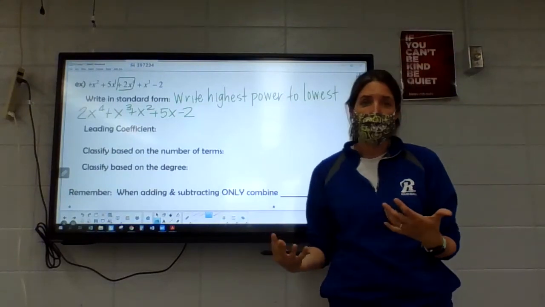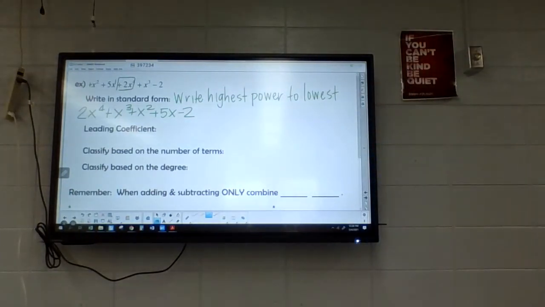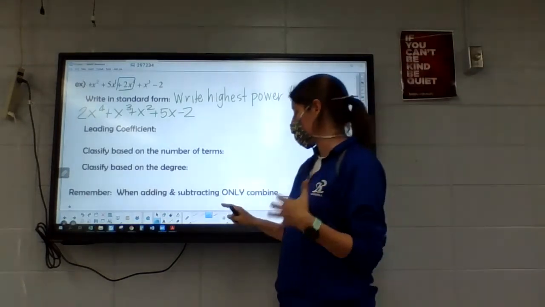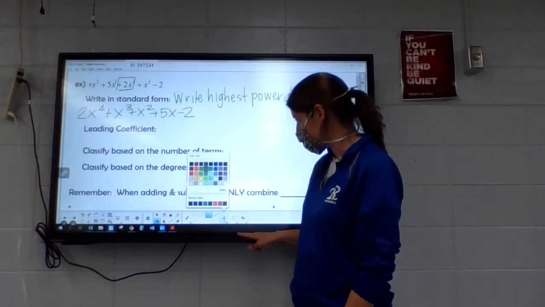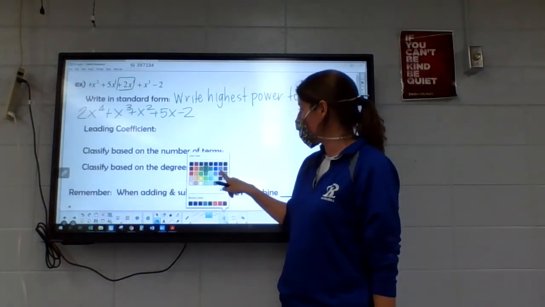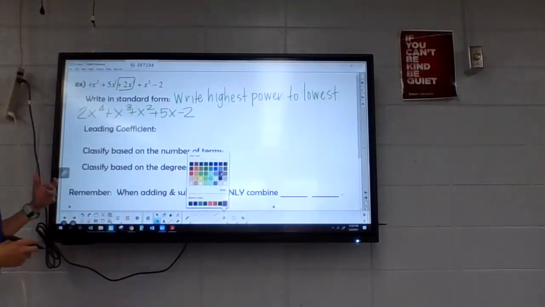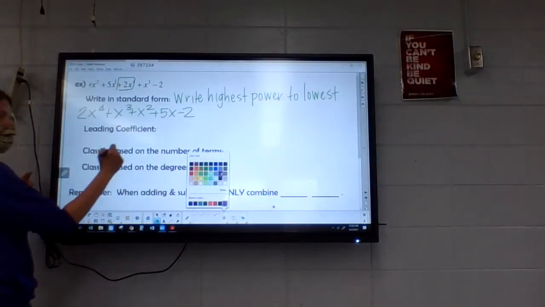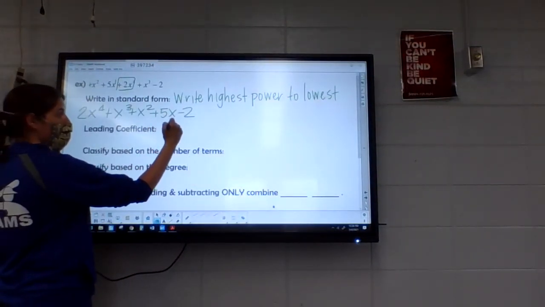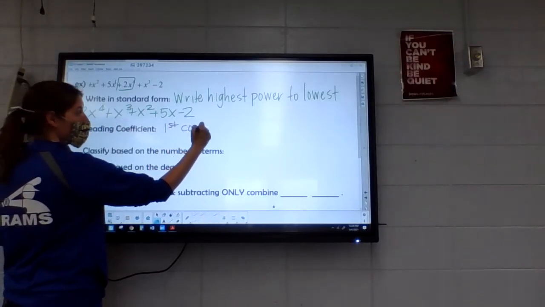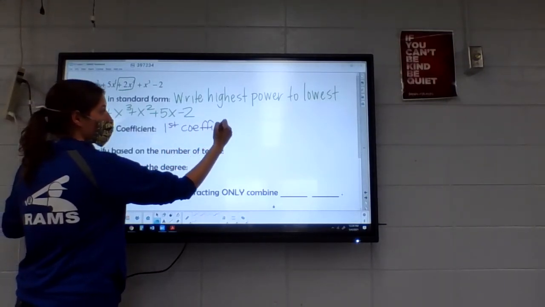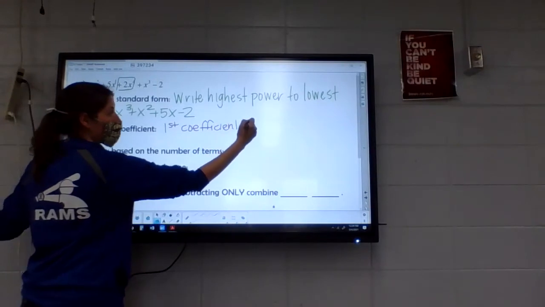Now the leading coefficient takes you back to kindergarten. So remember when you were the line leader in kindergarten, like that was a big deal. Like you were kind of the important one for the day. The line leader. So in this case, the line leader is the leading coefficient. So it's the first coefficient when they're in order. So first coefficient in standard form.